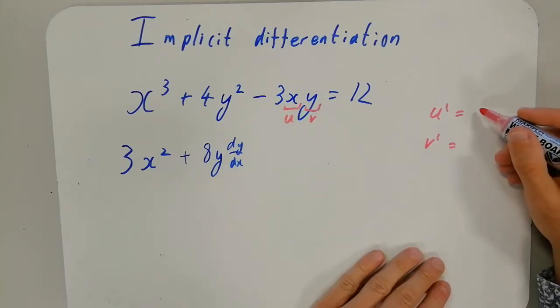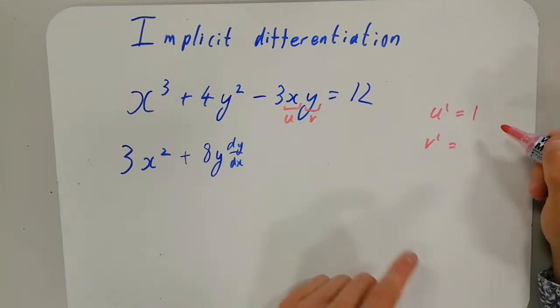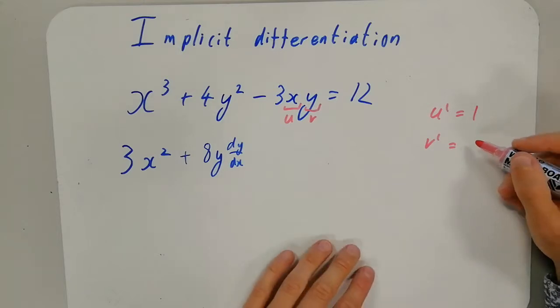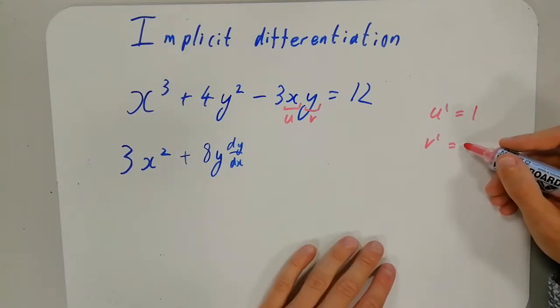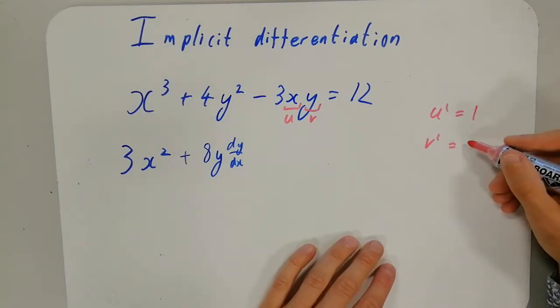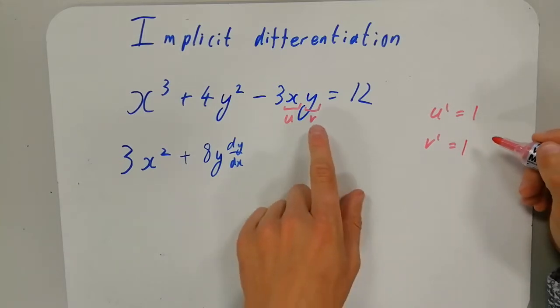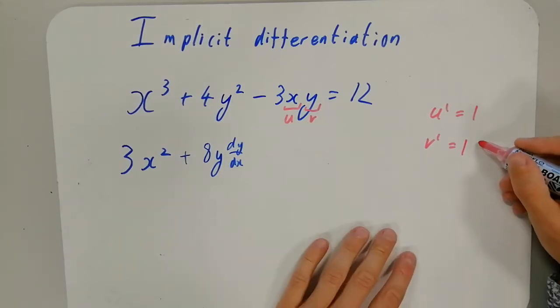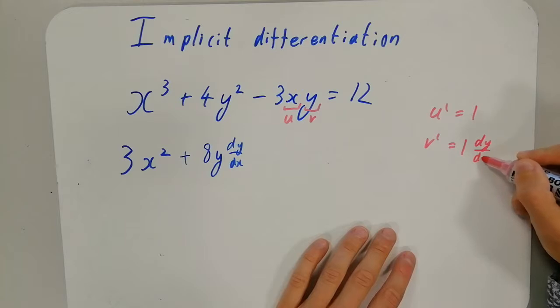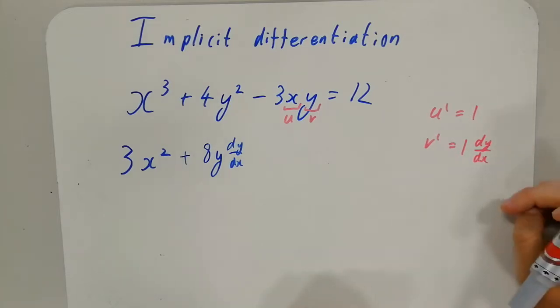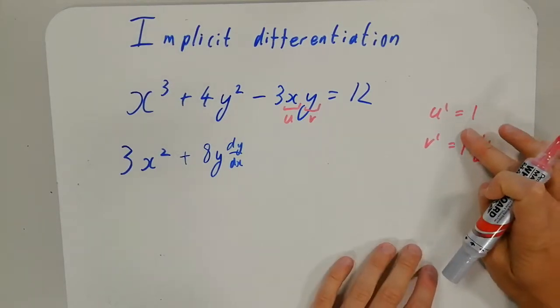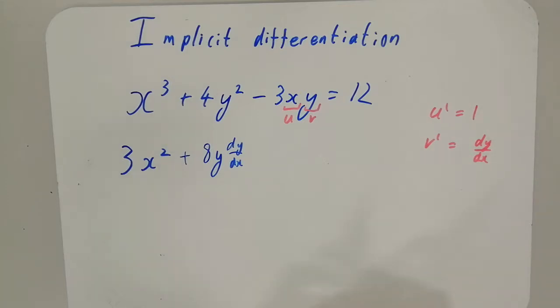So differentiate x, I just get 1. When I differentiate y, remember I differentiate it as per normal, that will just go to 1. But then I must make that little note, dy dx, which we know comes from the chain rule, but that's how we'll think of it day to day, and we can just get rid of the 1.